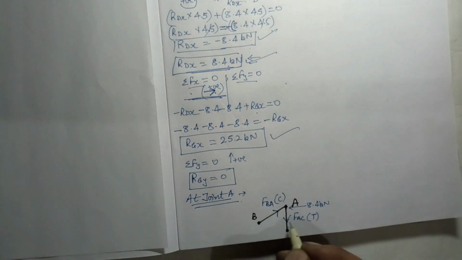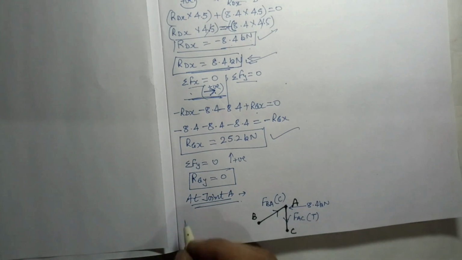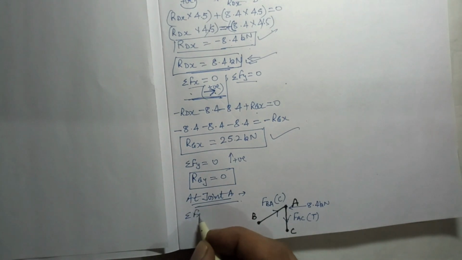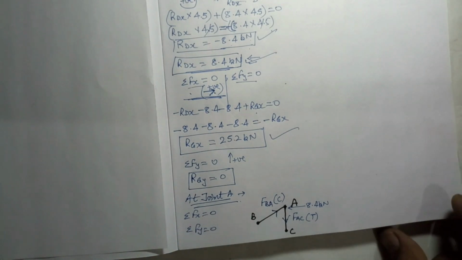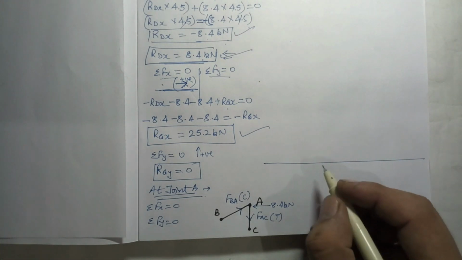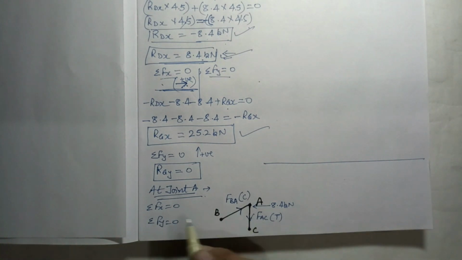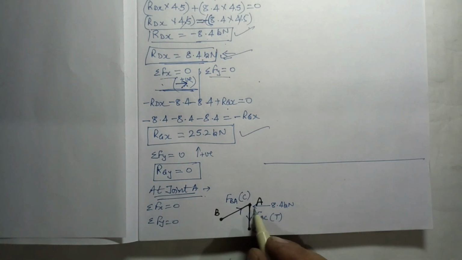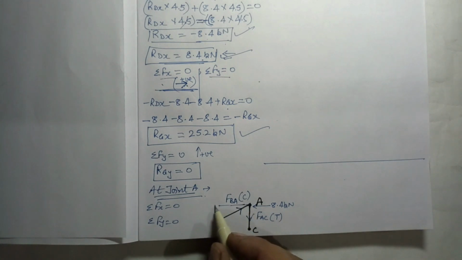So after making the free body diagram and assuming the direction, we will have Fx equal to 0, then we will apply Fy equal to 0. I'll solve it here so that you can understand. Now what will be there for this joint? All the forces in x direction are 0. The 8.4 is vertical, we will not consider it, but this force will have a horizontal component in the x direction.